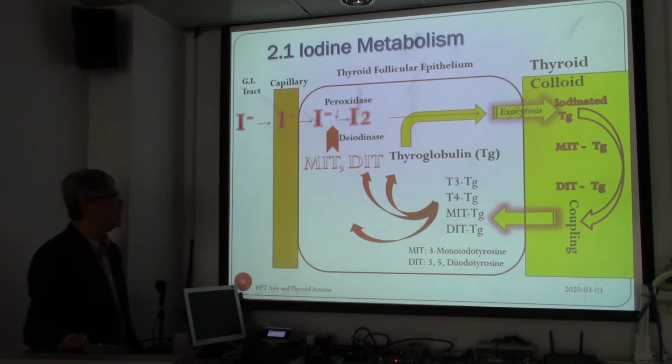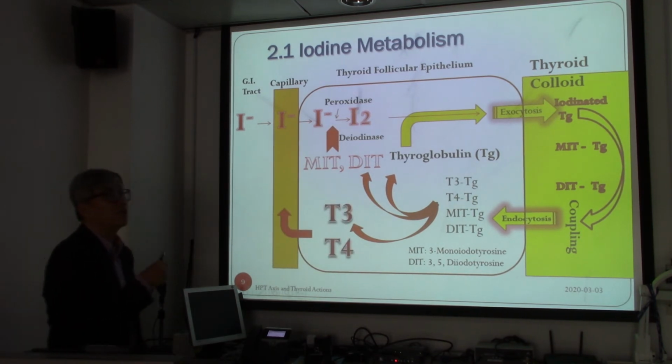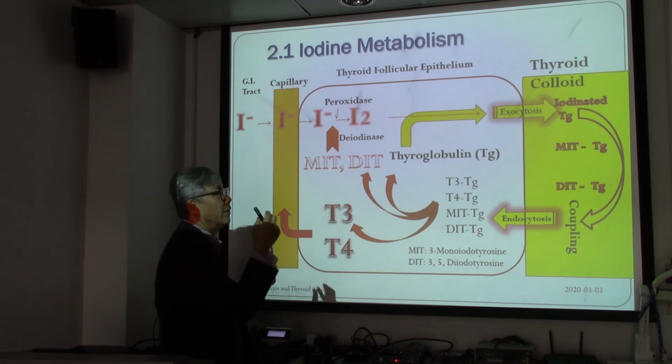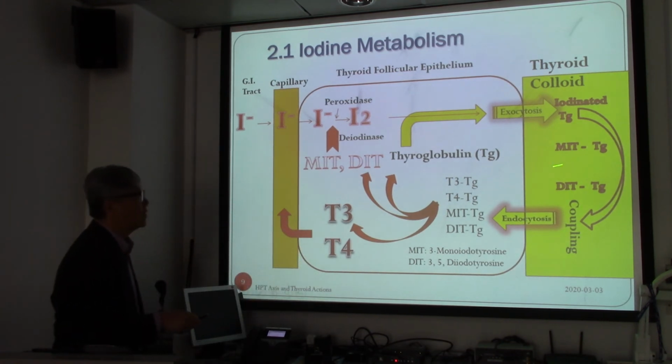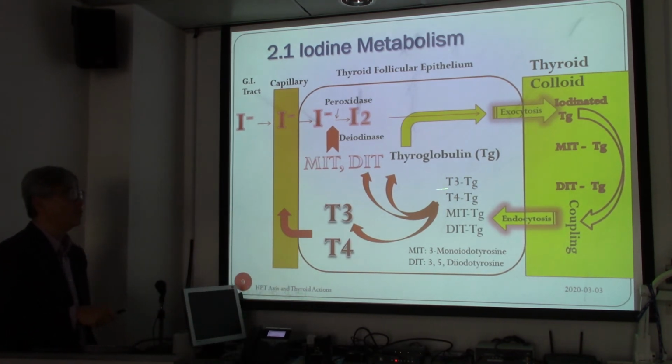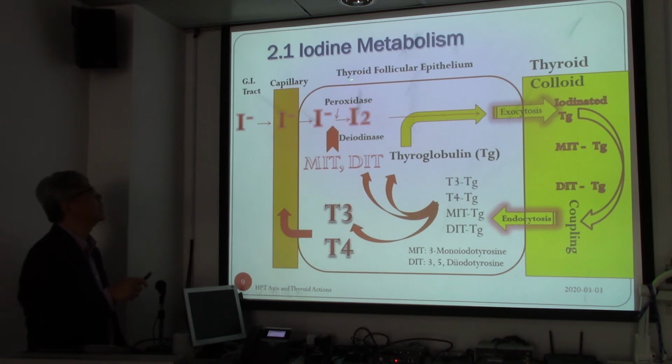And then inside the cell, we undergo endocytosis. The enzymes will go into the engulfed vesicles and then digest this protein, clip them into amino acid one by one, and that's how we produce T3 and T4. And then T3 and T4 will go into the capillary in our bloodstream. And these are the hormones being produced from the thyroid follicular epithelium cells outside of the colloid.